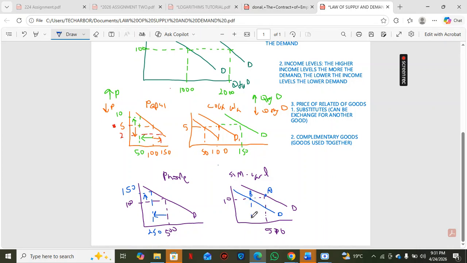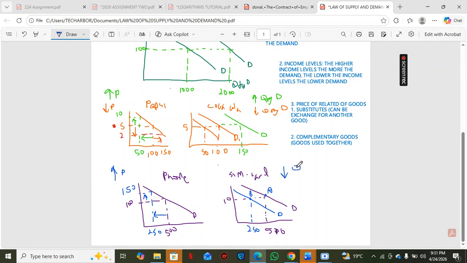People start buying fewer SIM cards, because no one's buying any more phones, so the sales of SIM cards are going to drop.